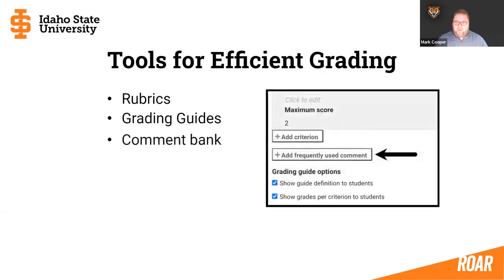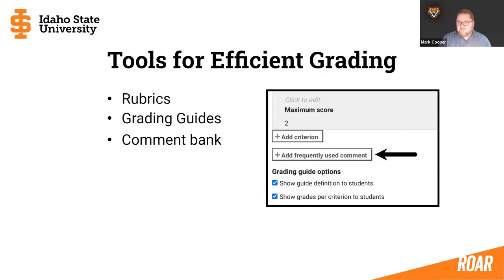You can also leave comments in a comment bank. The advanced grading feature within Moodle allows you to establish a comment bank of frequently used comments, which you can build in and then quickly put into assignments and customize, saving you a great deal of time when giving students feedback.